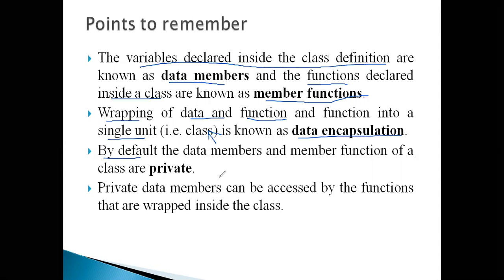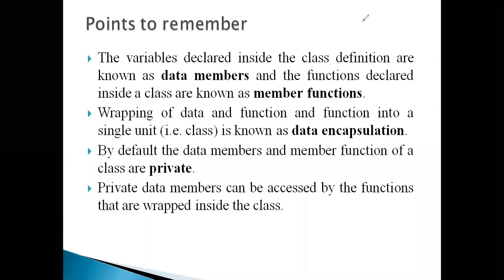By default, the data members and member functions of a class are private. And private data members can be accessed by the functions wrapped inside the class, the functions defined under public. So this is related to the way we access data members or member functions in a class.